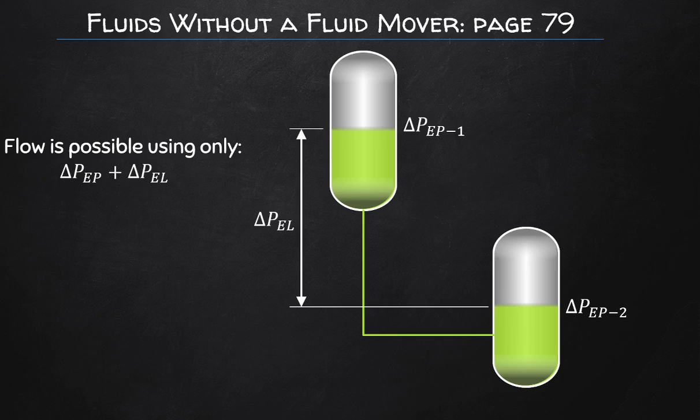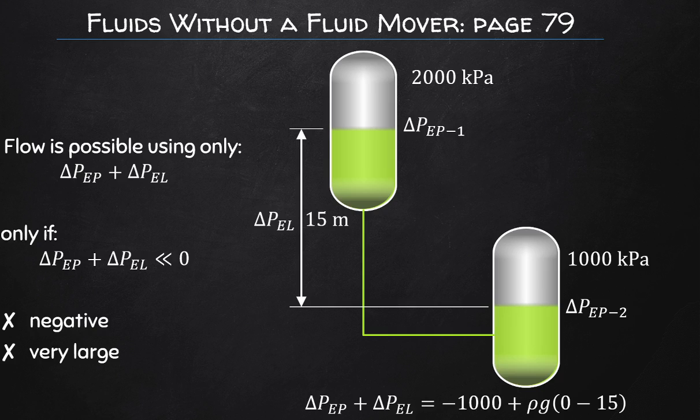Okay, so endpoint pressures usually support normal flow in the direction that is of choice, together with the elevation. The sum of these two pressure differences should always be quite negative, and large enough such that an economic flow rate can be achieved and maintained.